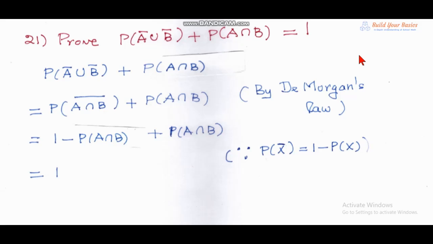That is, union of complements is equal to complement of the intersection, plus probability of A intersection B. Then probability of X bar equal to 1 minus probability of X. So probability of A intersection B whole bar equal to 1 minus probability of A intersection B, plus probability of A intersection B. The last two terms get cancelled, giving us the answer 1. That's all.